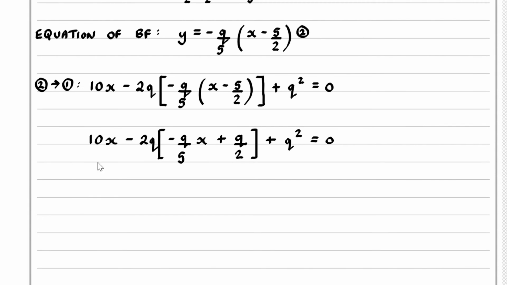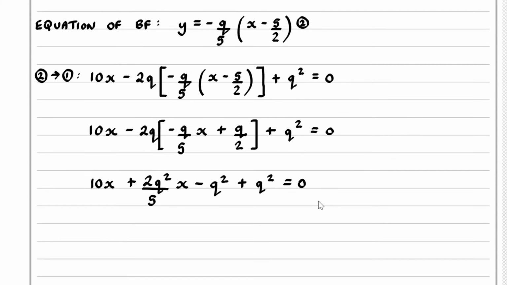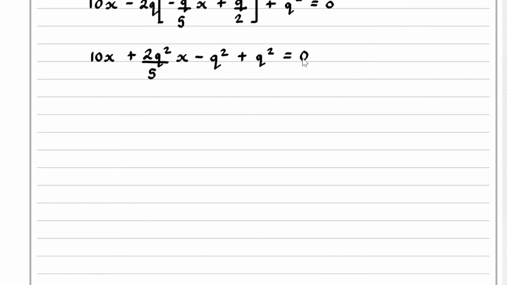Now let's expand out. So we have 10x, well, here I would have positive 2q squared over 5x, subtract q squared plus q squared equals 0, and the negative q squared and the positive q squared give a 0 pair, and if I factorize out an x, I would have x multiplied by 10 plus 2q squared over 5.